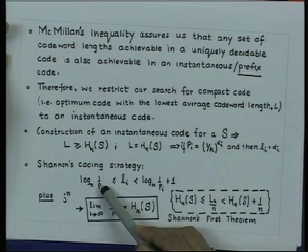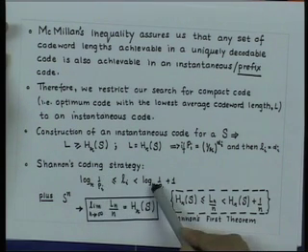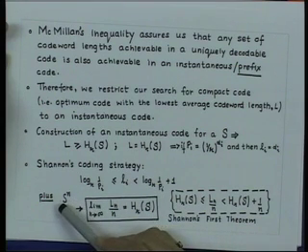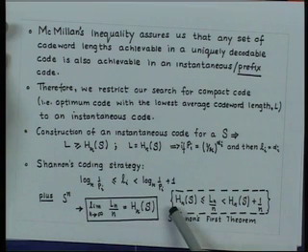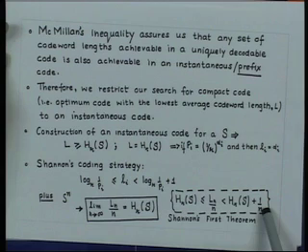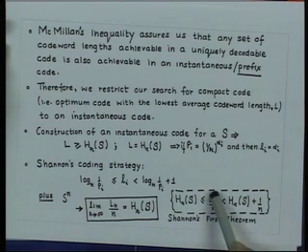If I use this strategy and do the coding for the nth extension of the source, then we have also seen that we get this relationship. This relationship says that the average length of the code symbols per source symbol will always be bounded by this inequality.